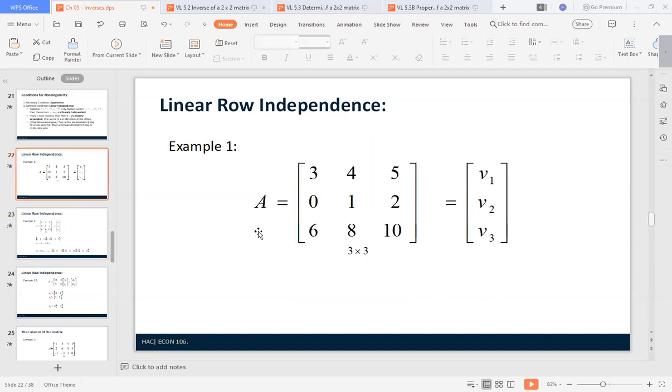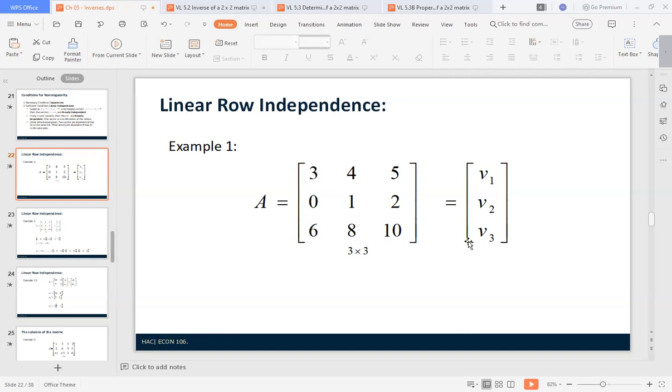Now, you have a matrix A here with a 3x3 dimension, and we have also transformed that into row vectors. We have 3 rows. We have 3, 4, 5 as your first row, V1 prime. We also have our second row, 0, 1, 2, V2 prime.